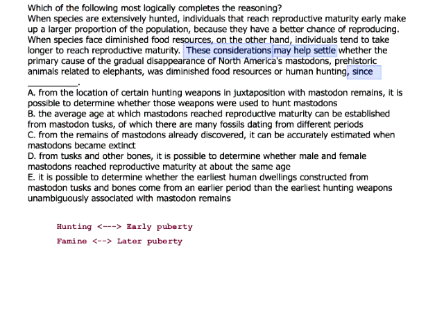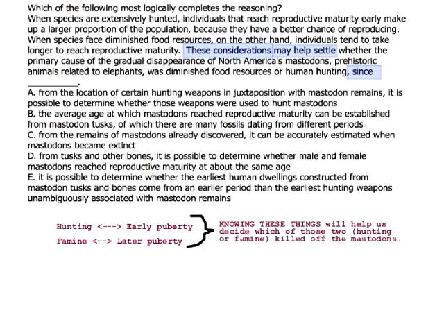These are the considerations. And then what that last sentence says is, knowing these things will help us decide which of those two, hunting and famine, killed off the mastodons. Okay, so now what you don't want to do is just pick some other random thing that would help us tell.